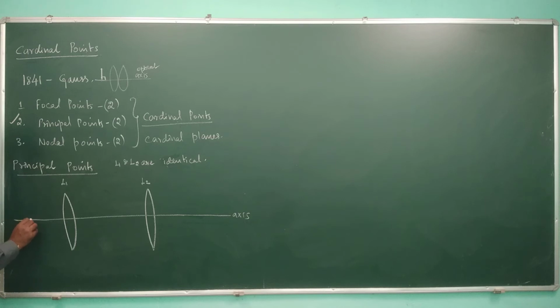Now assume that there is an object which is located at f1. This f1 is the focal point for this lens L1, right? So there is an object at f1, and a light ray that originates from f1 travels towards L1 and is incident on the lens L1 at the height h1.